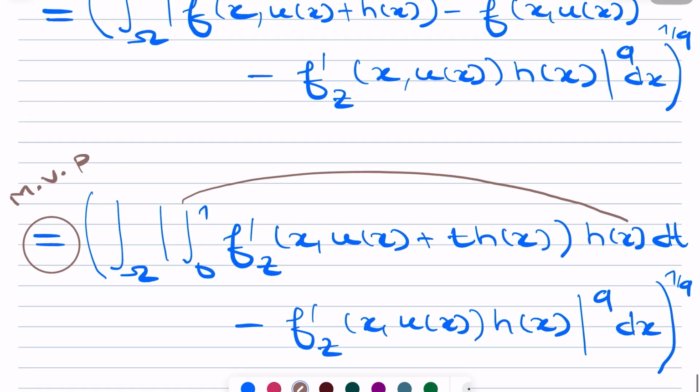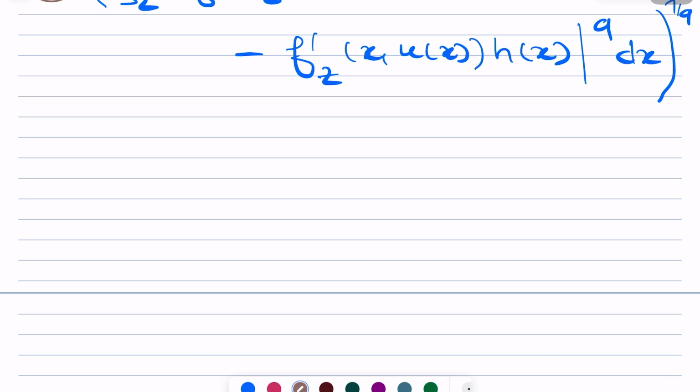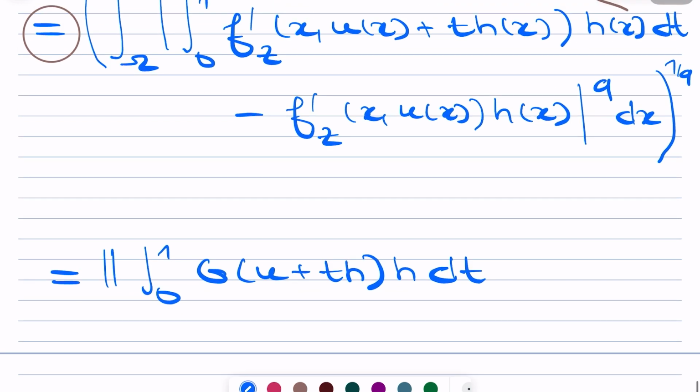Now what you need to observe is that this is again equal to the norm of the integral from 0 to 1 of g of u plus th, applied to h dt. This is just simply by definition.